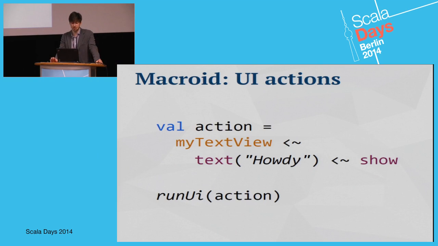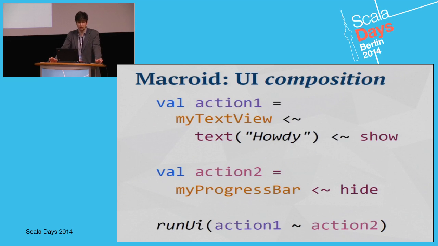They just return a so-called UI action. And a UI action is a piece of code that you can run on the UI thread. So it's also thread safe, unlike the Android API. So you define this action, and then you say run UI action.